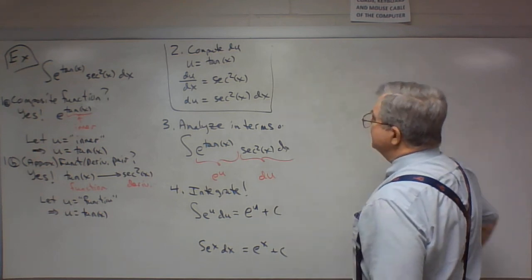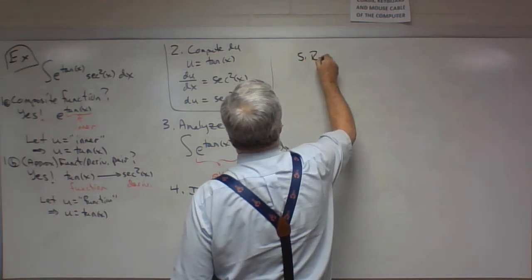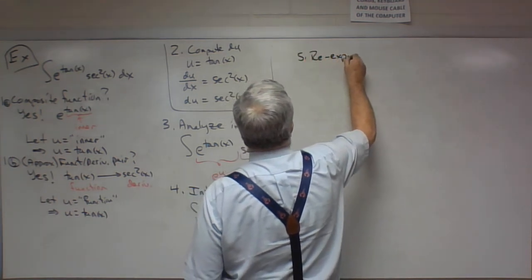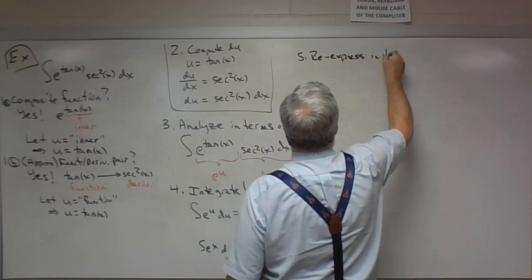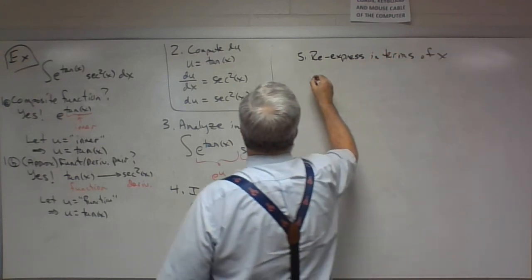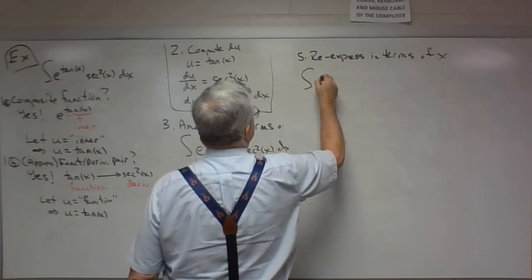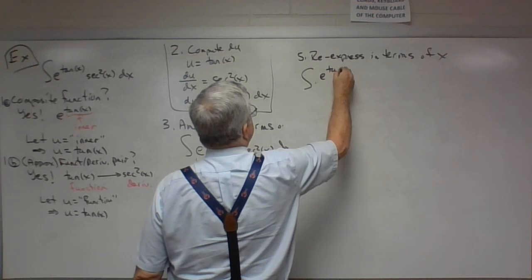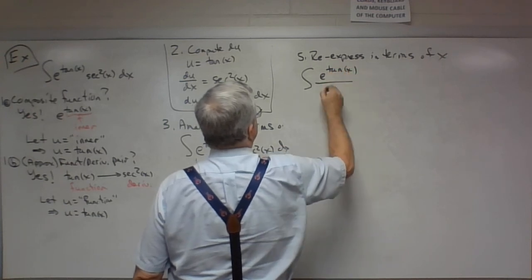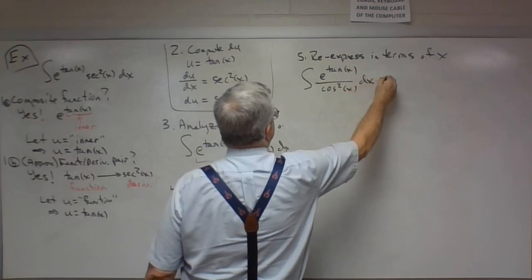And now we rewrite everything in terms of the original variable. And son of a gun, we started off with e to the tangent of x over cosine squared x. That's what we started off with.